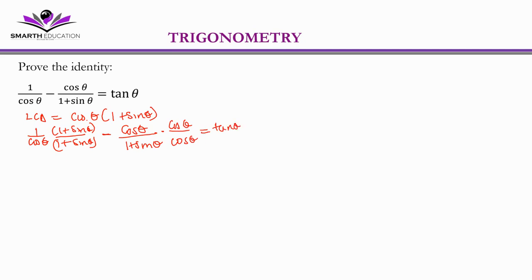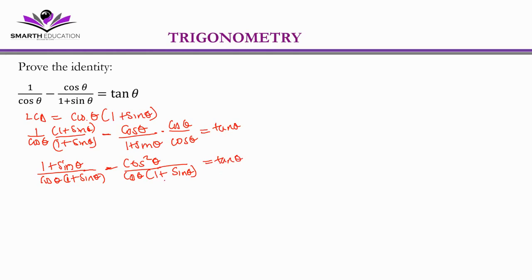Then 1 times 1 plus sin theta is 1 plus sin theta over cos theta times 1 plus sin theta, and then minus cos squared theta over cos theta times 1 plus sin theta, is equal to tan theta.